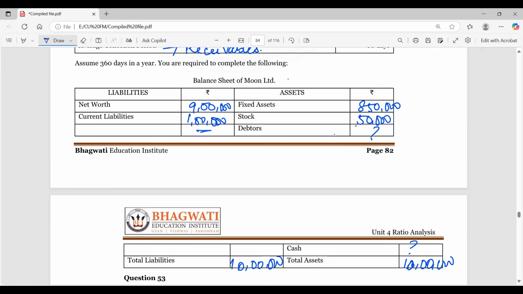What is the amount of debtors? Debtors, how much? 40,000, and cash? Debtors 40 and cash 60. Did everyone get these numbers clear?